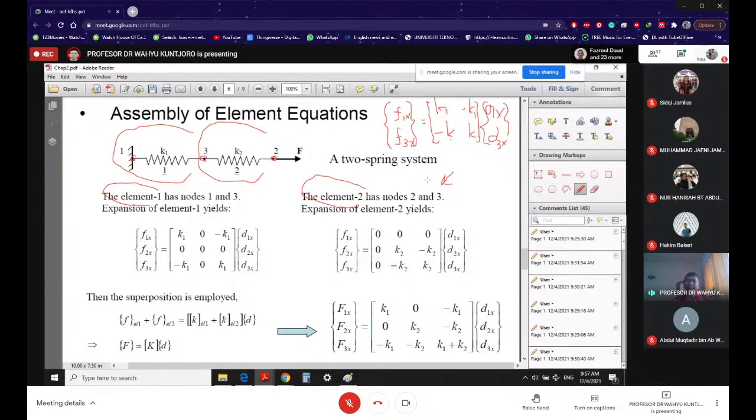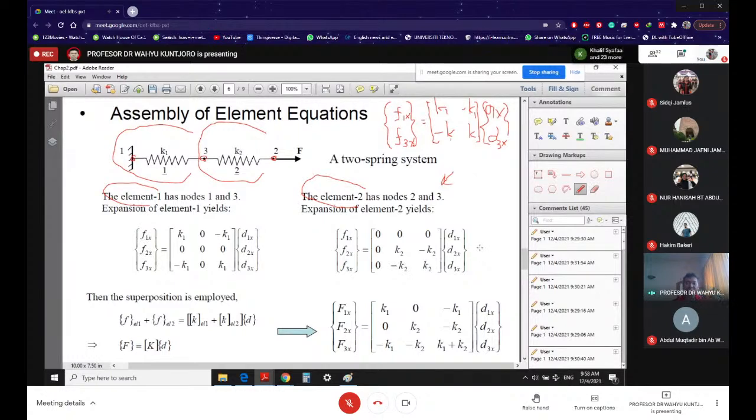For element number 2, it is going to be similar, but over here you will have F3X, F2X, and then D3X, D2X. Inside here you will have K2, minus K2, minus K2, and K2. But why do you see this 2 by 2 for element number 1, and also for element number 2?